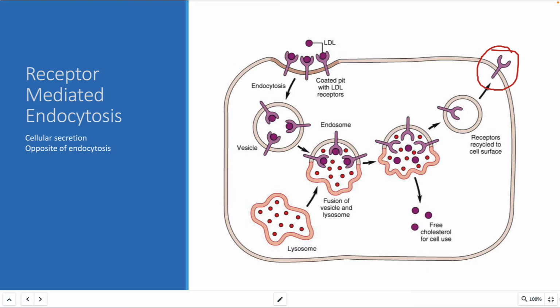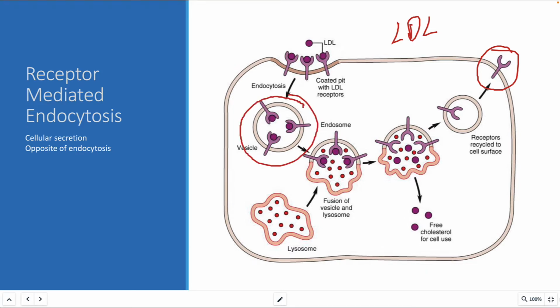This is for the LDL receptors. So there's upregulation and downregulation of LDL receptors. Just as an example, when the LDL receptors get full, they undergo endocytosis, and they create these vesicles inside the cell then.